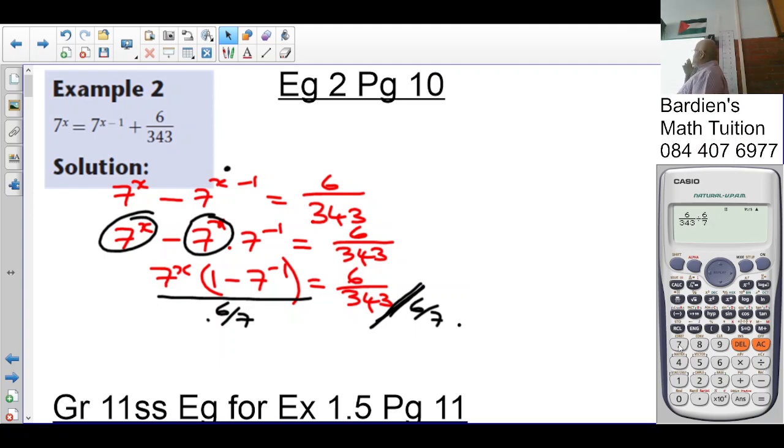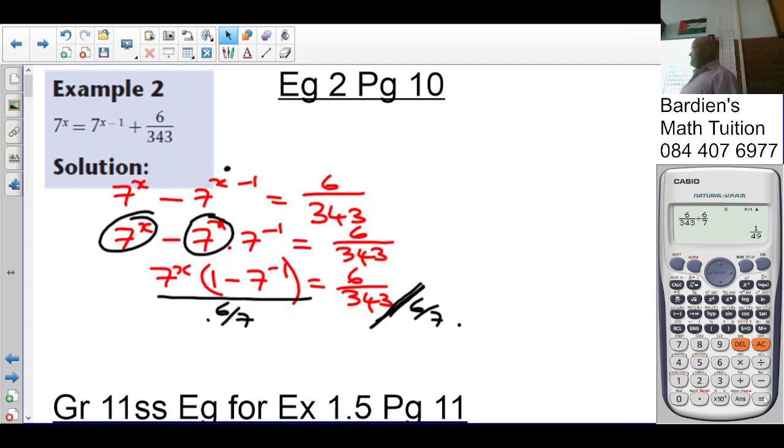Many times you put this whole complex fraction in the calculator, and the learner enters it wrong. So rather play it safe. If it's a complex fraction, you write the numerator as a fraction and the denominator as a fraction. That's why I put 6 over 343 divided by 6 over 7, which is 1 over 49.